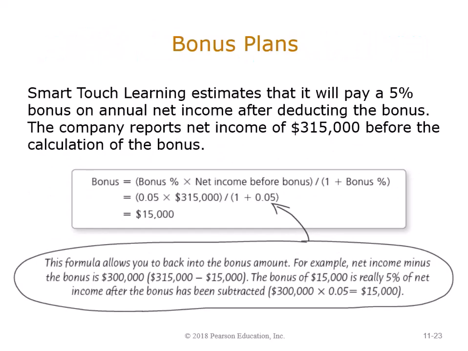Okay, here's an example. In this case, we've got a company that uses a bonus plan that is based on annual net income. So the company has decided that they're going to use a formula to try to estimate this particular bonus amount so that they can go ahead and accrue it as the employees earn their pay and their bonus.